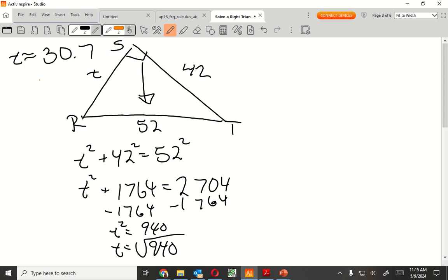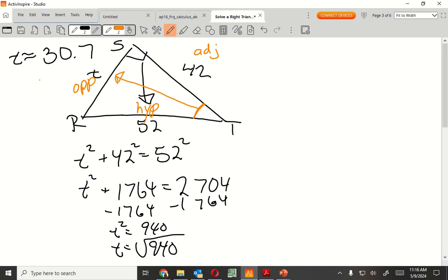So now, let's look. I'm going to go and solve for the angles. I'm going to start with T, because why not? So from T, this one over here is my opposite. This one over here is my hypotenuse. And my last one is adjacent. So from T, I want to use what's given to me. The hypotenuse is given, and what else?